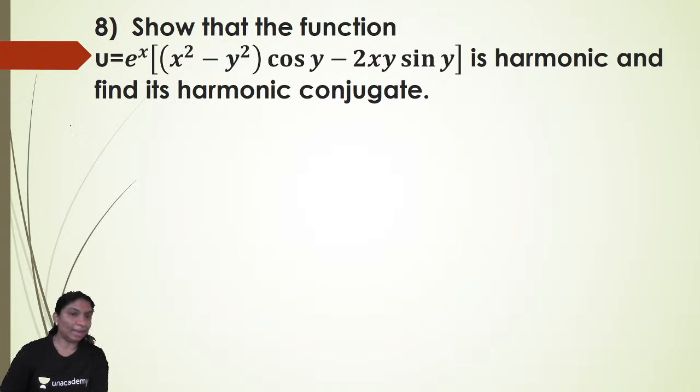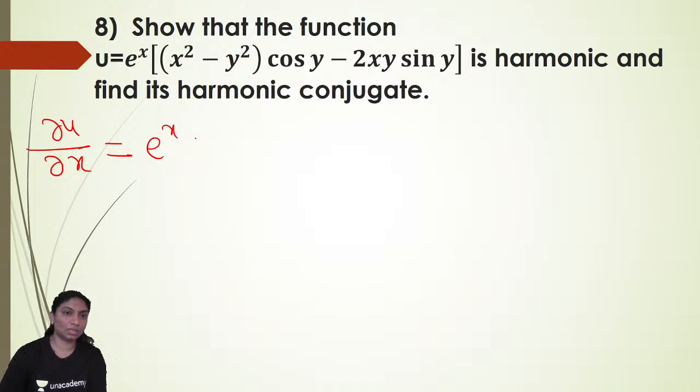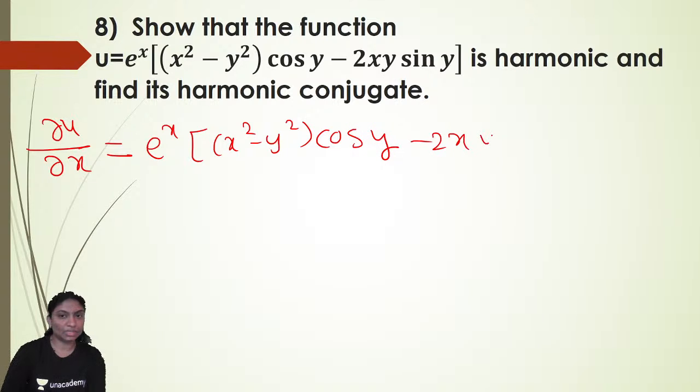So dabba u by dabba x is equal to here e raised to x into x square minus y square cos y minus 2xy into sin y.